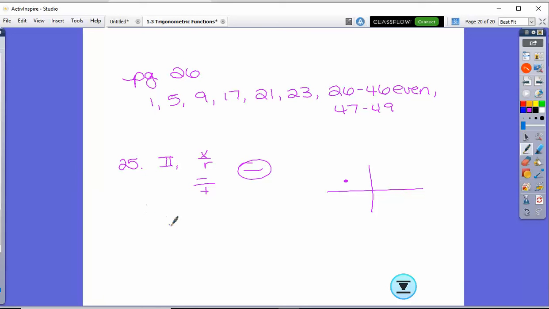If I said like quadrant 3, y over x. So in the third quadrant, y is negative, x is, and negative divided by negative is positive. So that's all you're doing on this.